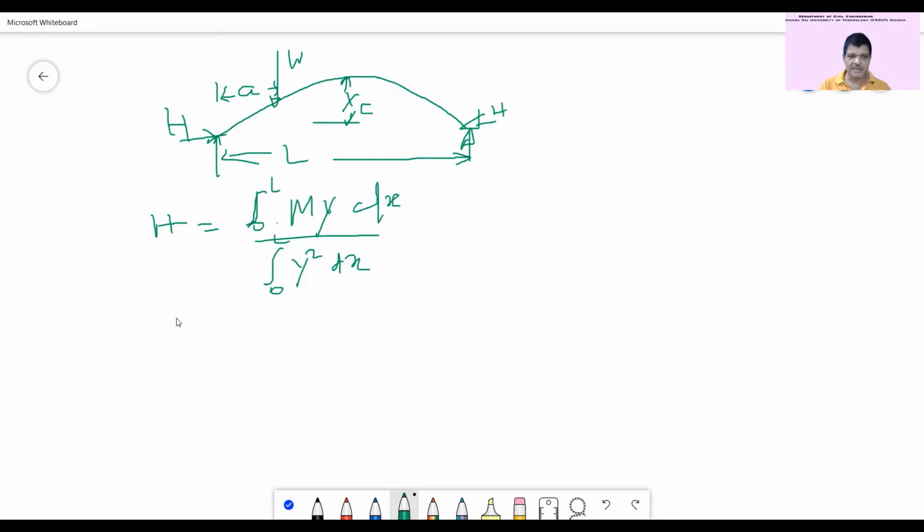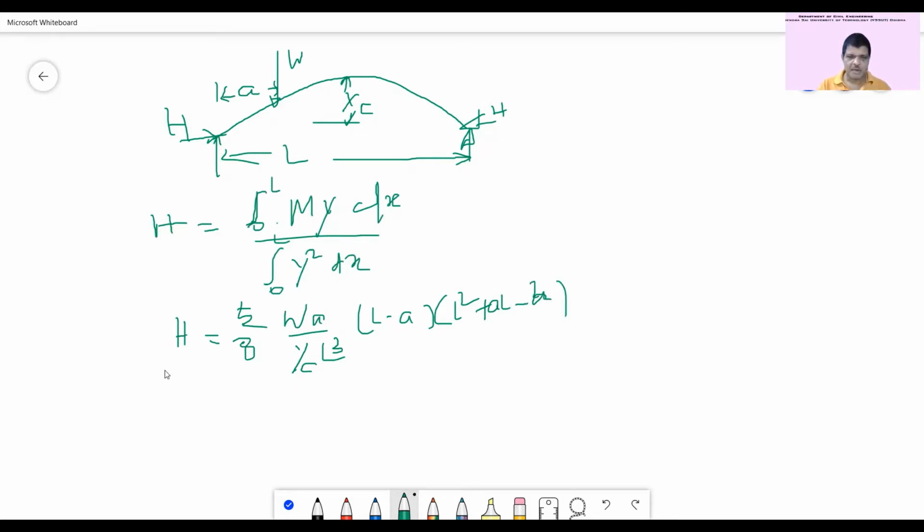So in a parabolic arch, H is equal to 5 by 8, W a by yc into L cube, multiplied by L minus a, into L square plus aL minus a square.